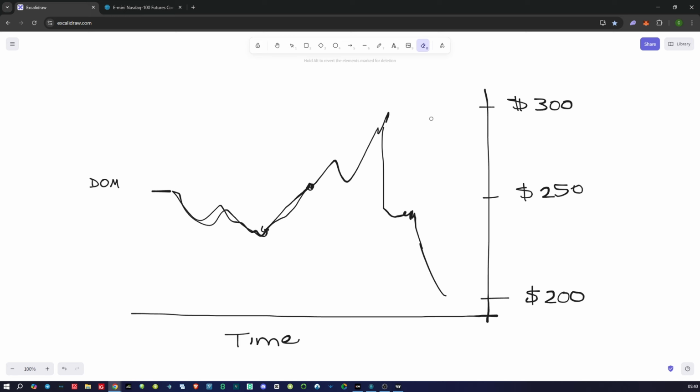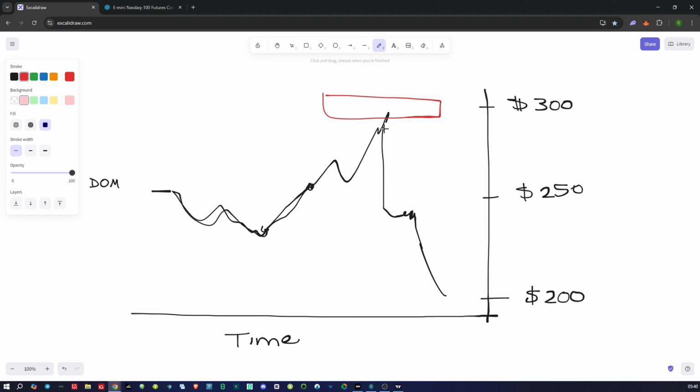Now, I know some people on social media talk about how this will indicate that we had a big supply over here, because that's why price moved around and turned around. That's likely the reason.